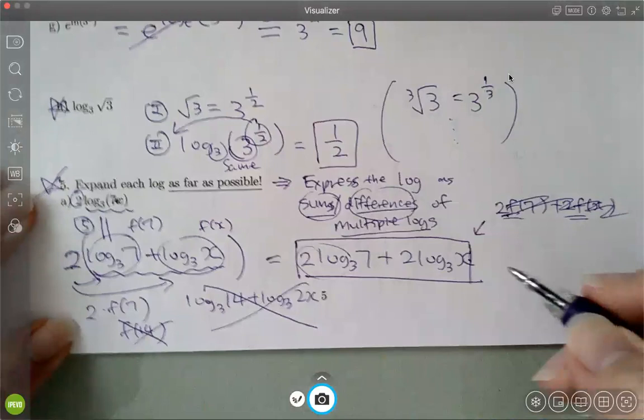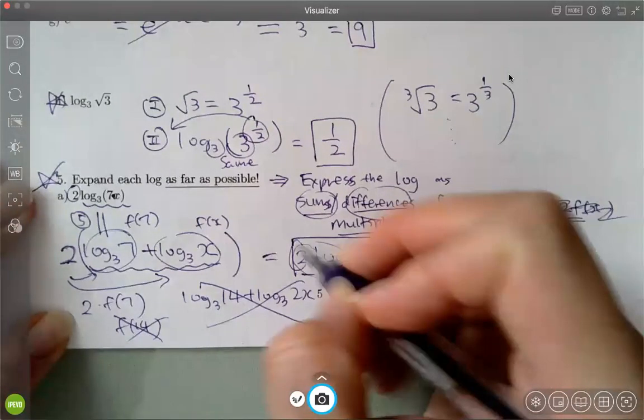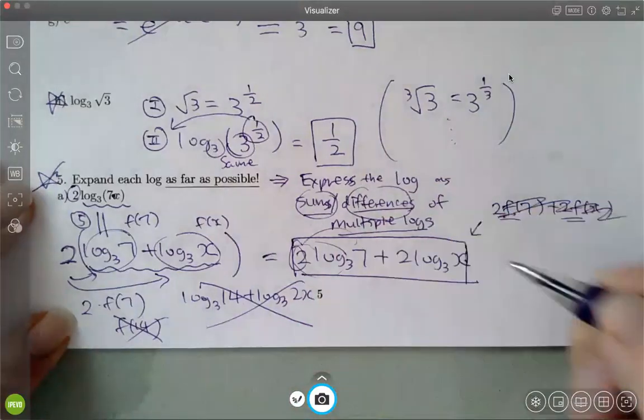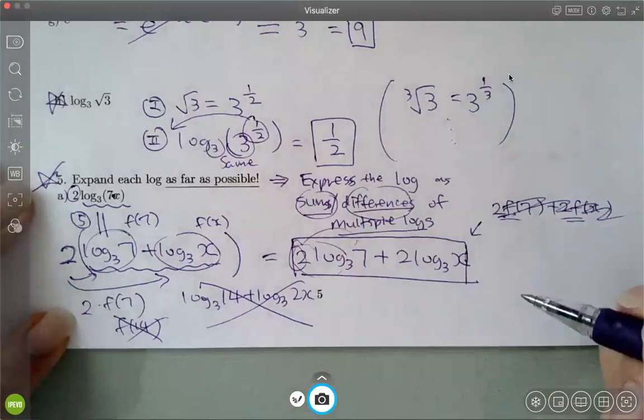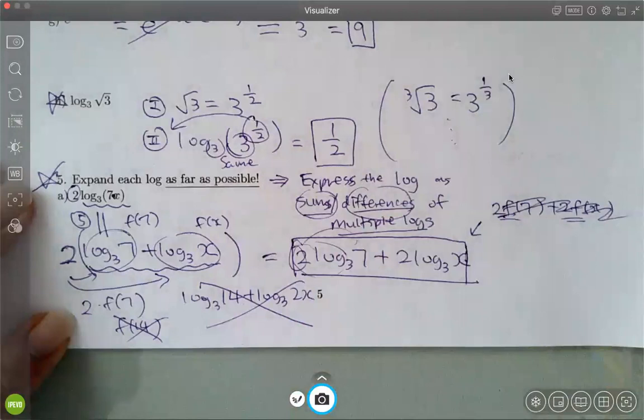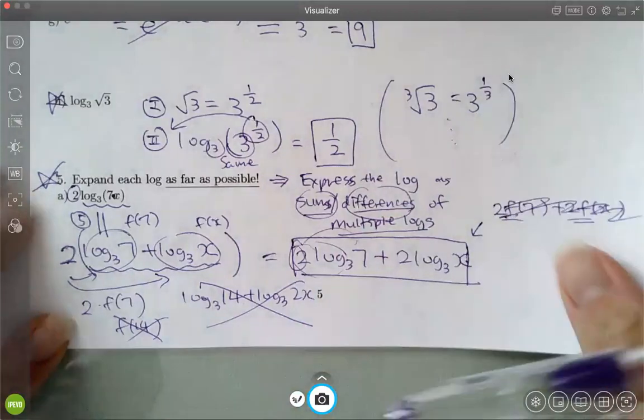So yes, whenever there's a coefficient, that can be turned into an exponent. But we actually go opposite. Whenever there is an exponent, we put it in front. And here, since 2 is already put in front, we don't ever touch it. Yeah, good question.